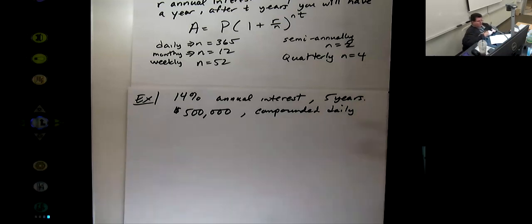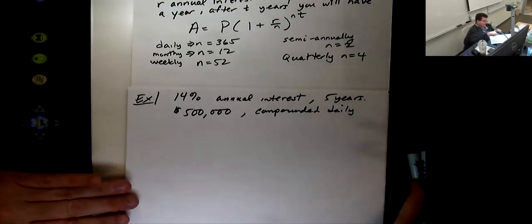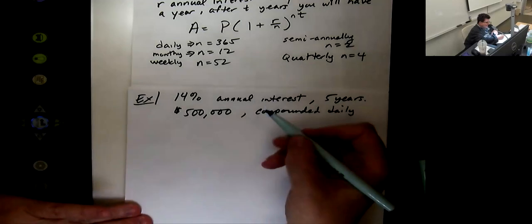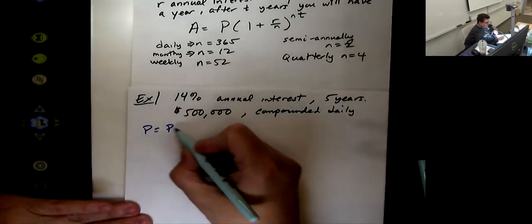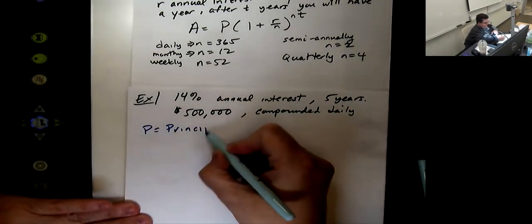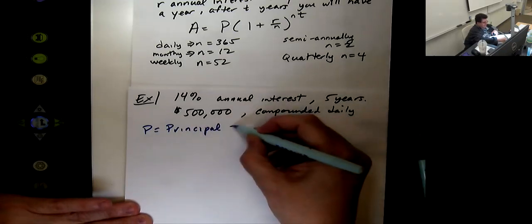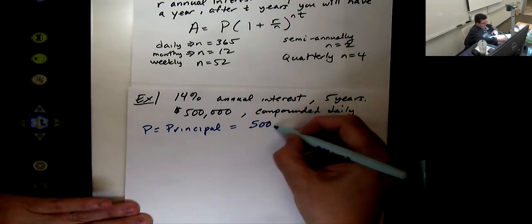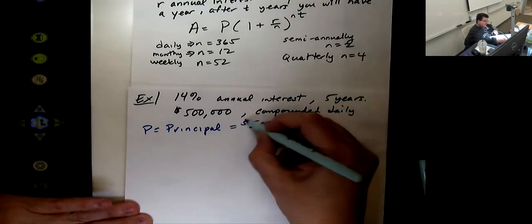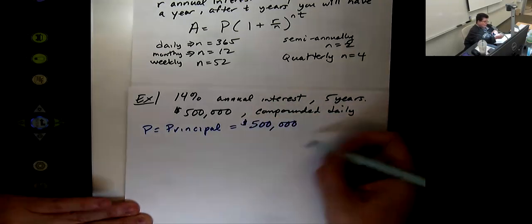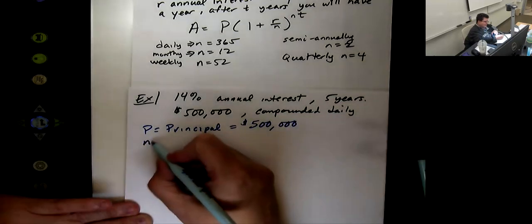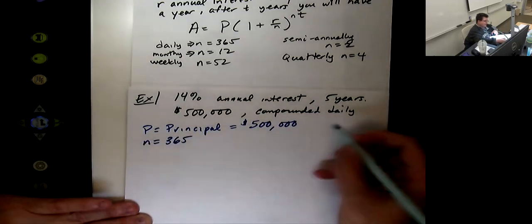All right, so we got, P stands for principal. It may seem like an odd thing to use, but that's like your starting deposit. That's our 500K. We chose compounded daily, so n equals 365.